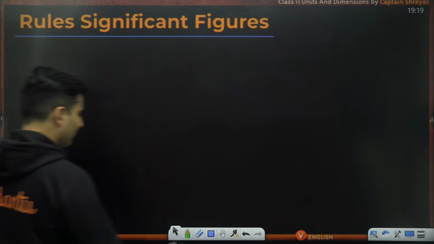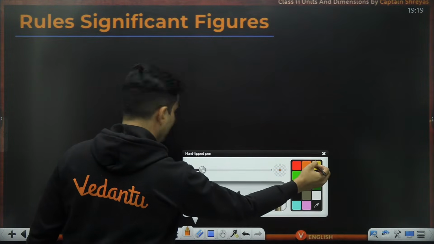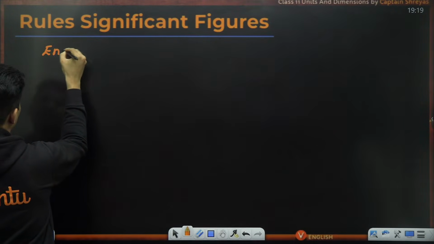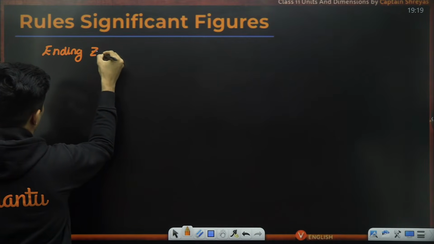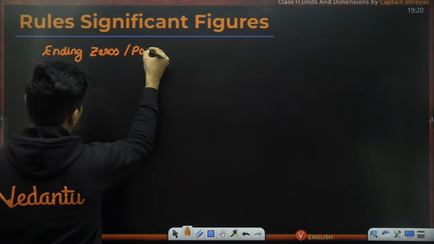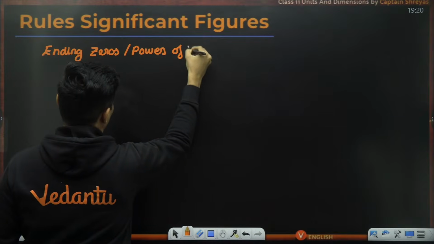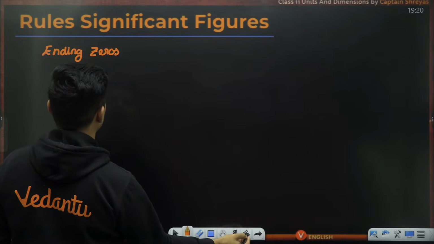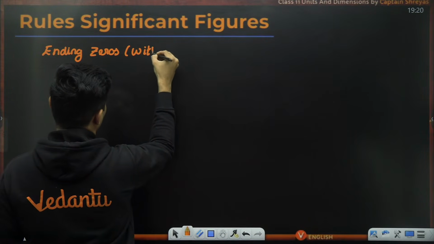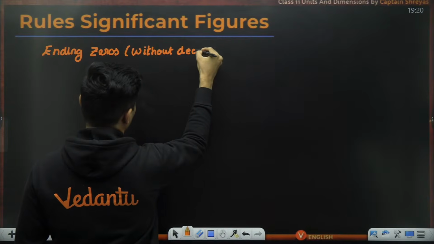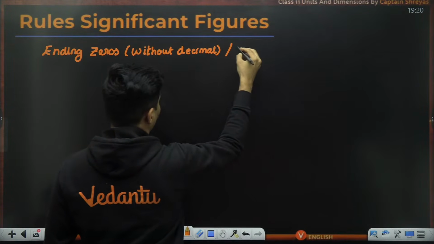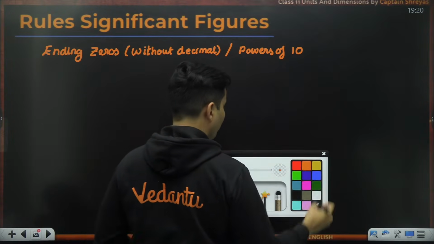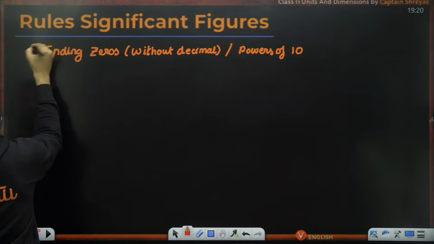Okay. Next rule. Just like this rule, the next rule is coming up. The ending zeros or the powers of 10, without any decimal points, are insignificant.